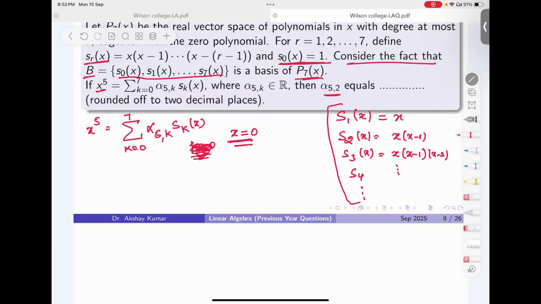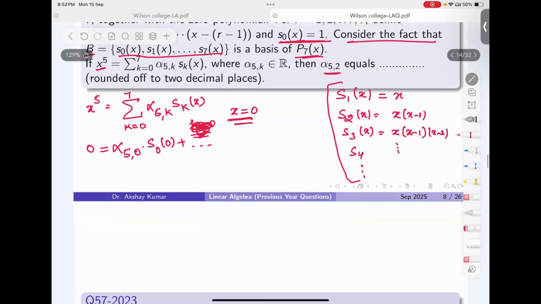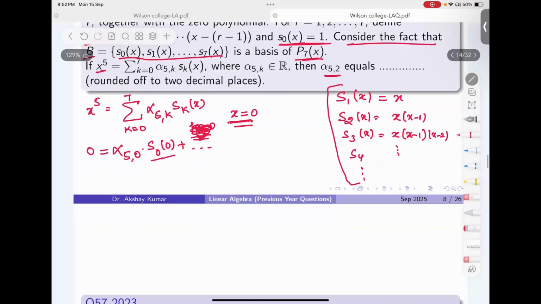So if we put x equals to 0, the left hand side will be 0, right? So the only remaining term is alpha_{5,0} into S_0(0), plus other terms will be 0. So what is the value of S_0(0)? 1. So what is the value of alpha_{5,0}? It is 0.